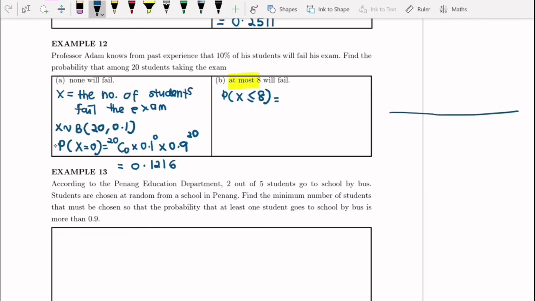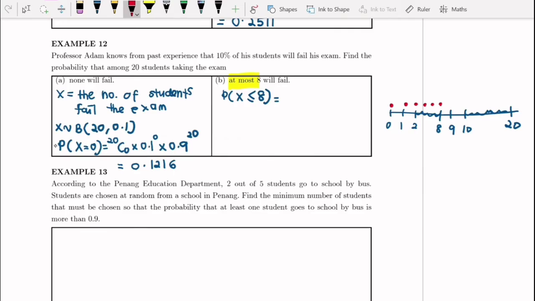So let's look at this number line: 0, 1, 2, 8, 9, 10 up until 20. We know that we have x less than or equal to 8, so this part.